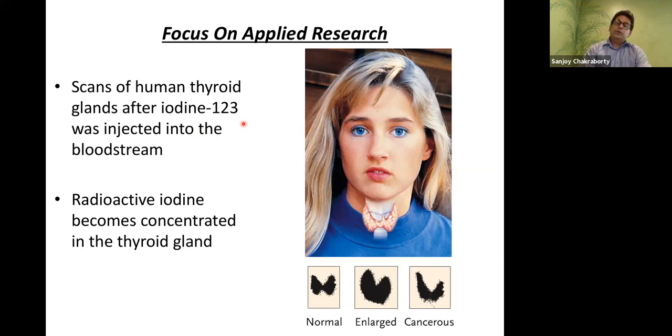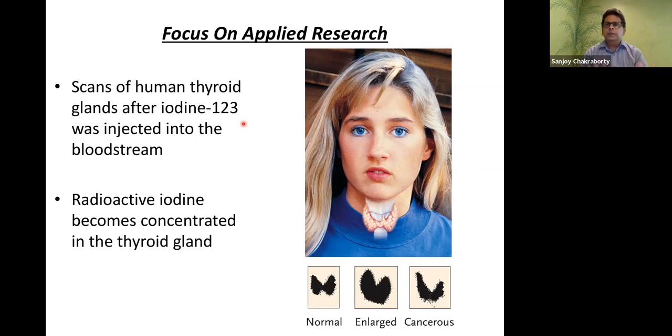So what happens is when you give the patient that particular iodine in their blood, the iodine is going to be accumulated in the thyroid gland, because as I said earlier, thyroid is the only gland that accepts that iodine. So when iodine accumulates, because they are radioactive isotopes, they are going to radiate energy.